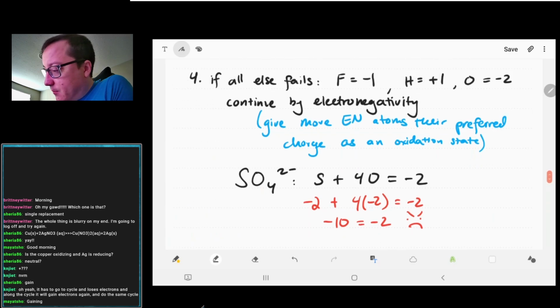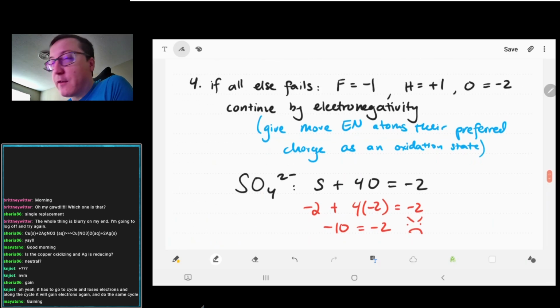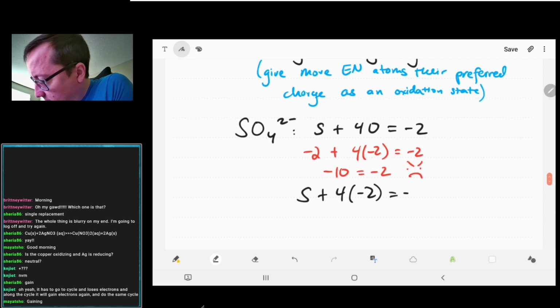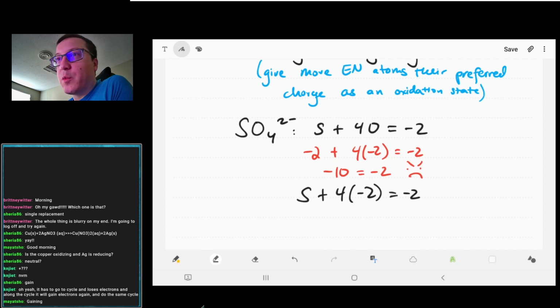So if we look here, we do have a number for oxygen, and oxygen is, of course, more electronegative than sulfur is, right? So let's step back a second here. Let's just go ahead and see what it would be. We can just solve for sulfur, right? We have now an equation with one variable.